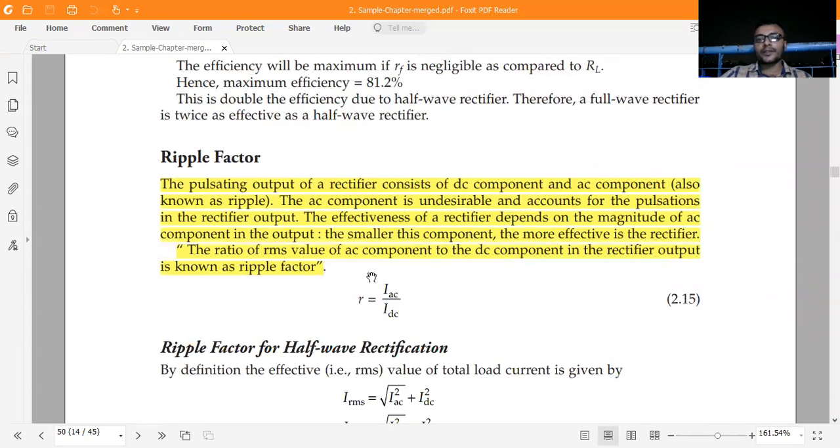What is the ripple factor? The ripple factor is an undesired quantity. If we measure the output voltage of a rectifier, we see that it contains both AC and DC signals, and due to the AC signals, the output voltage is fluctuating, which is undesired.